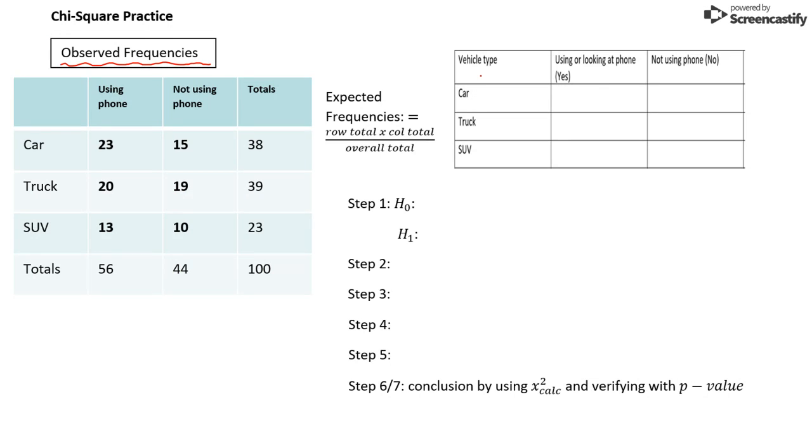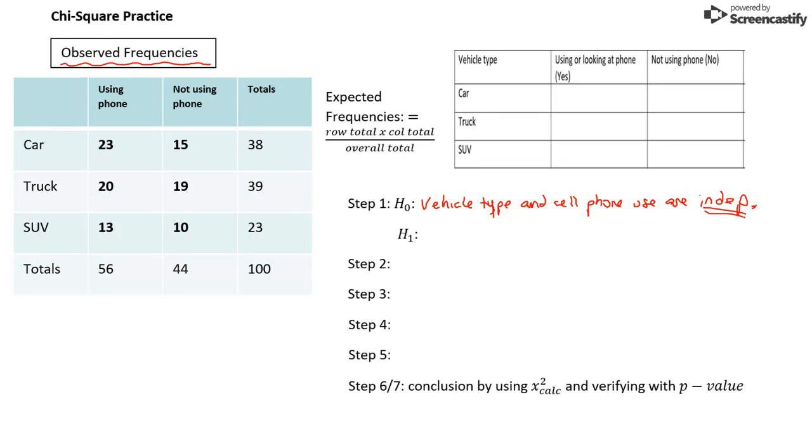Let's go ahead and get the chi-square test set up. Step one is the null and alternative hypothesis. So the null: vehicle type and cell phone use are independent.